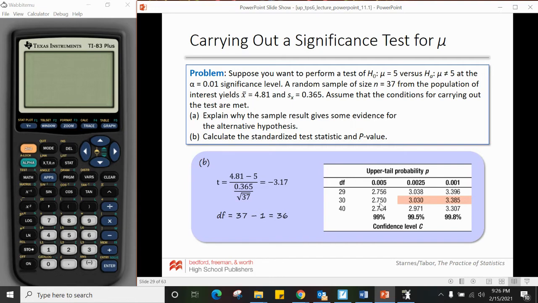If we were to use the table, even though our degrees of freedom is 36, we have to use 30 here, and we're trying to find 3.17 in the table. It's between these two values. So the probability of getting a t value of negative 3.17 or more extreme is between 0.0025 and 0.001.